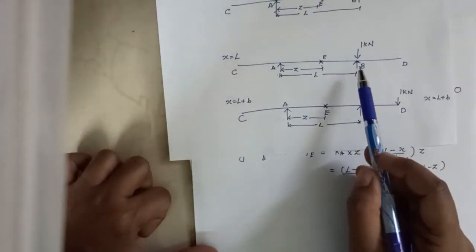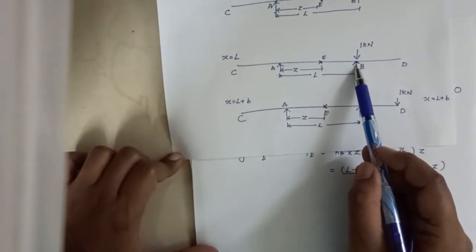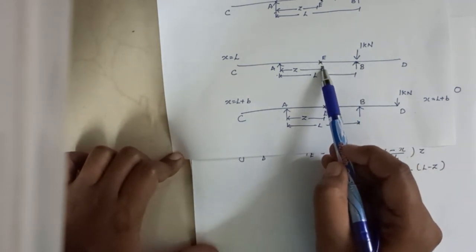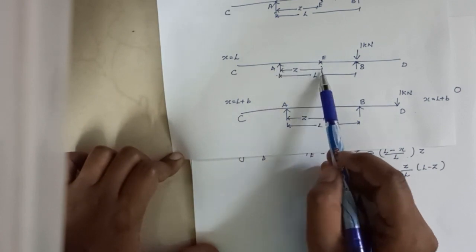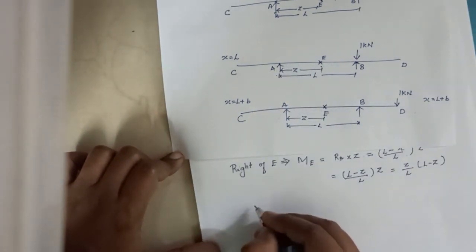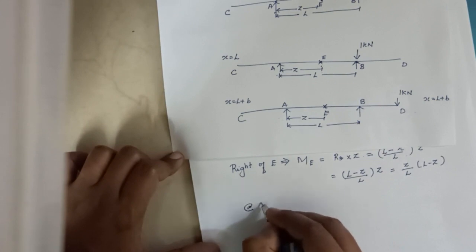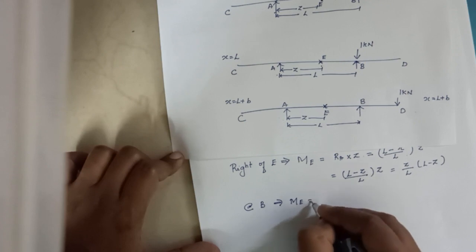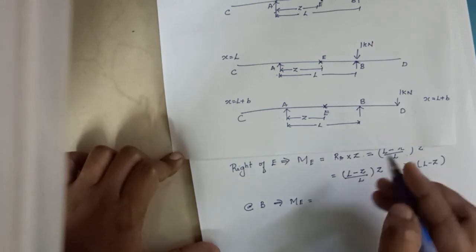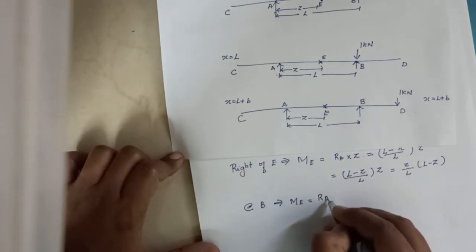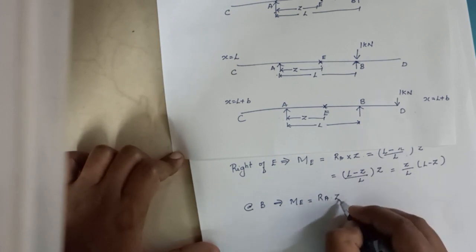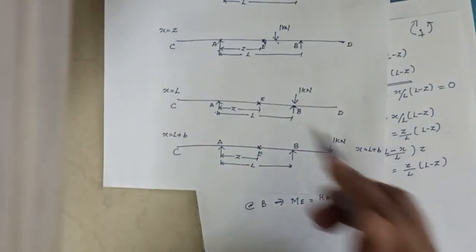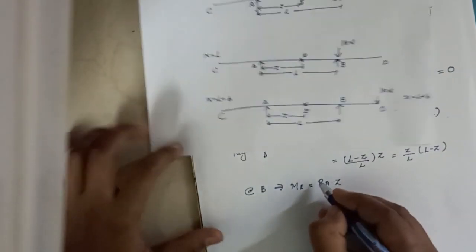Then, next position, when unit load is at the point B, here the moment at E will be equal to, again, RA into Z. Again, left side of the section, clockwise moment, so plus value.